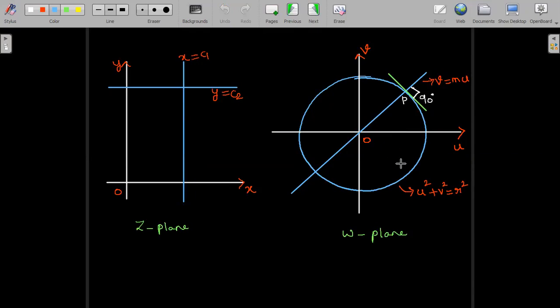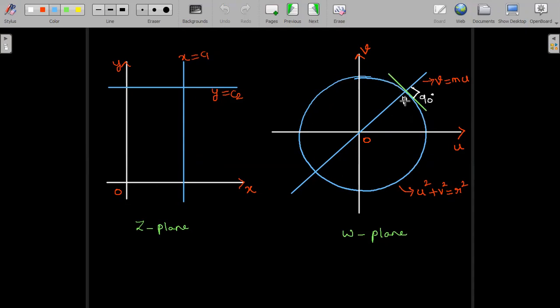Now, sometimes you are asked to show that the two curves intersect each other orthogonally, or the two curves are regarded as orthogonal trajectories of each other. If that is asked, you have to draw a tangent here as shown in the figure. Just observe the W plane here.